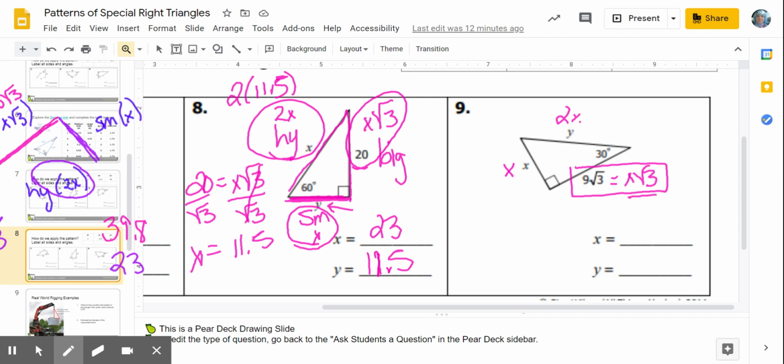If we're not sure, we can divide by the square root of 3. If you do 9 times the square root of 3, you definitely get 15.58. But now we've got to divide by the square root of 3 in order to solve that.